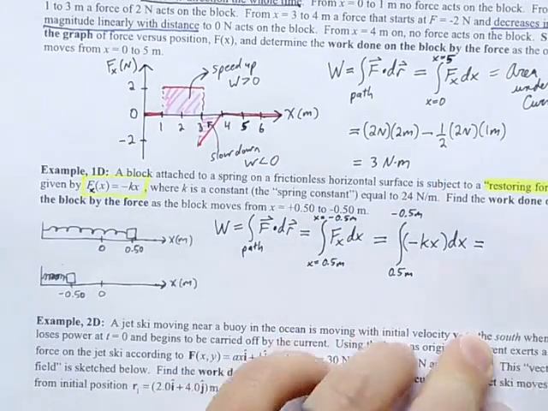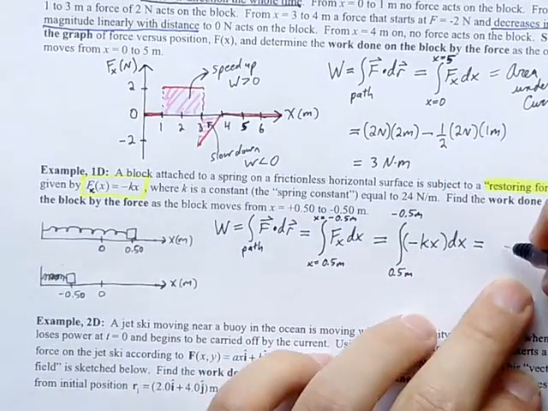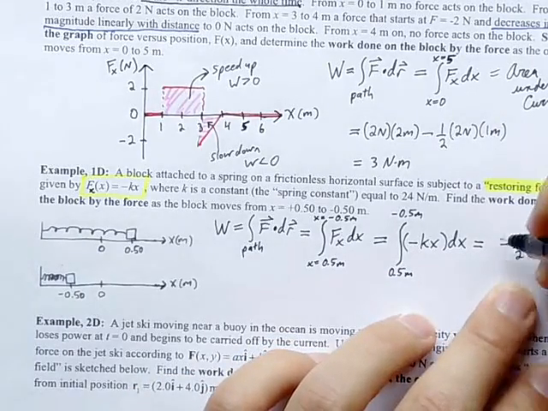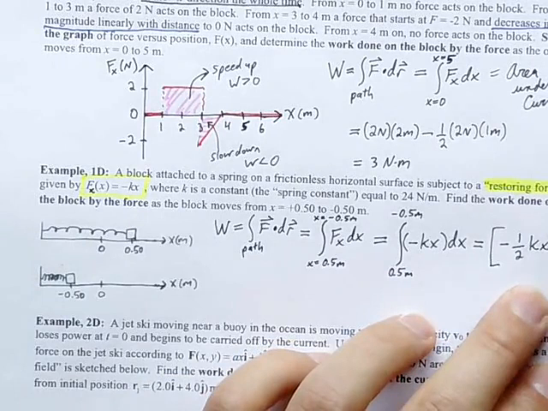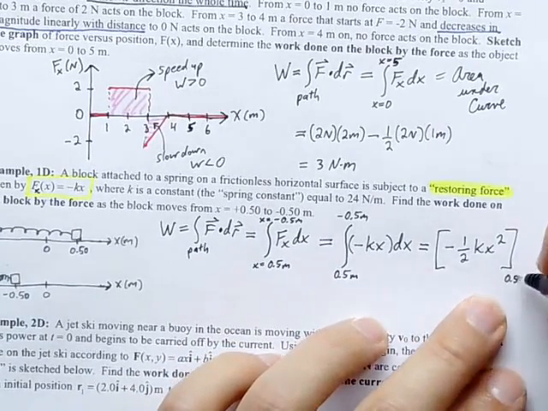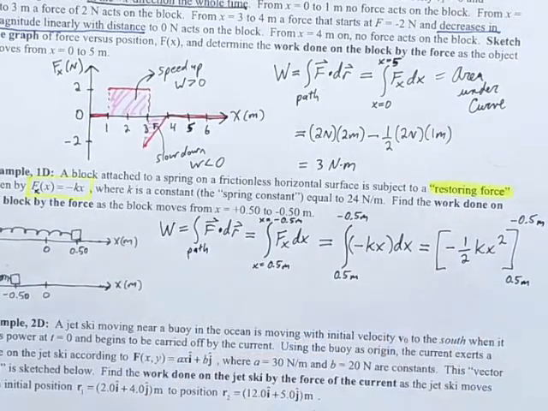Okay, we can find our antiderivative of the opposite of kx with respect to x. That'll be the opposite of 1/2 kx squared. Put that in brackets. I'm going to evaluate that at the limits, x equals negative 0.5 meters and x equals positive 0.5 meters.